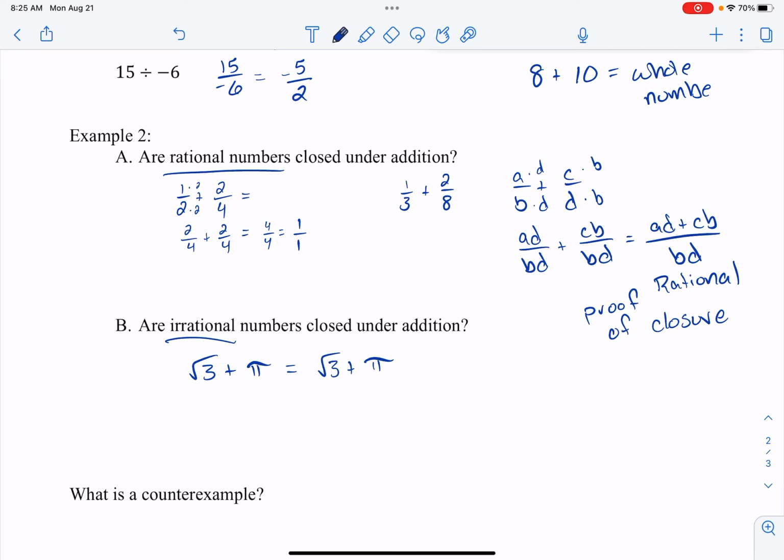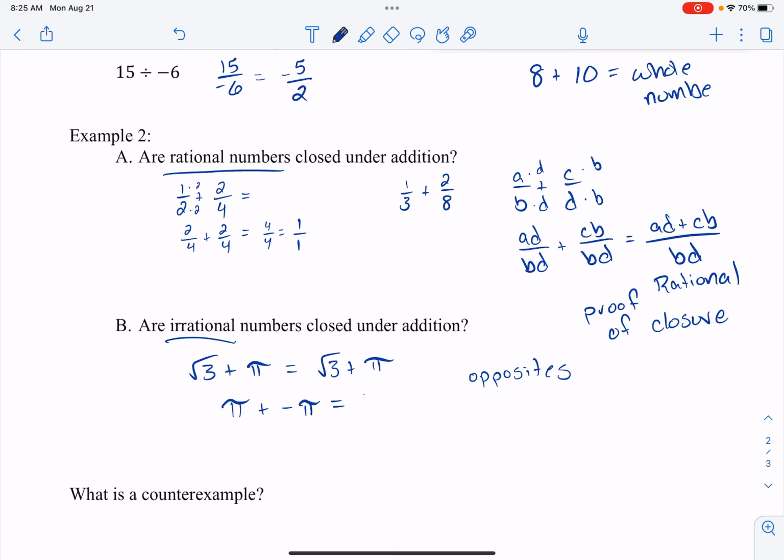I don't know. So what I'm going to do is list a bunch of different other irrational numbers. If you're trying to prove closure, one thing to look at is always opposites. If I take pi and add negative pi, they're opposites.